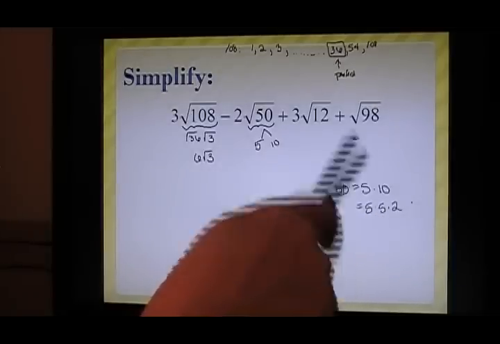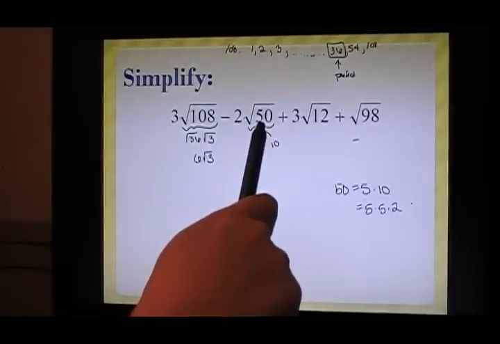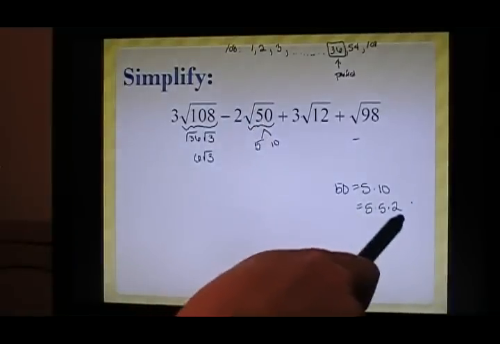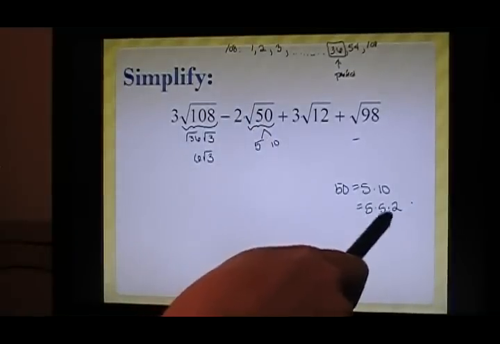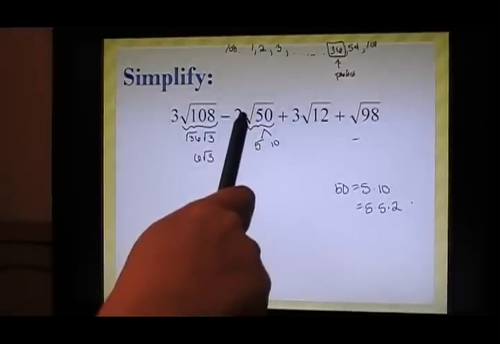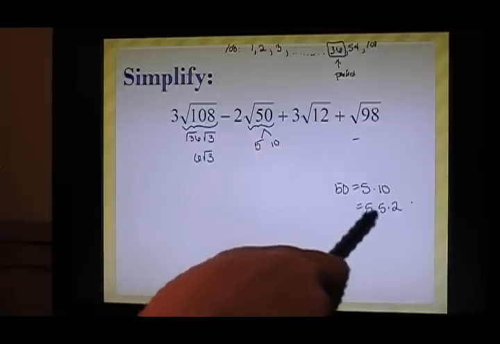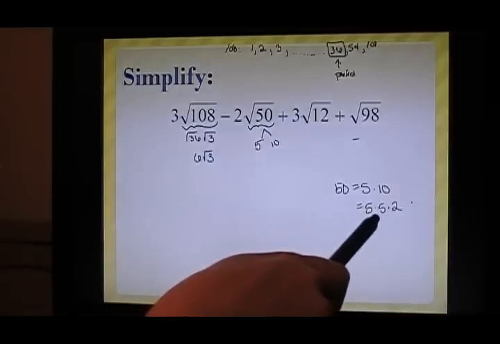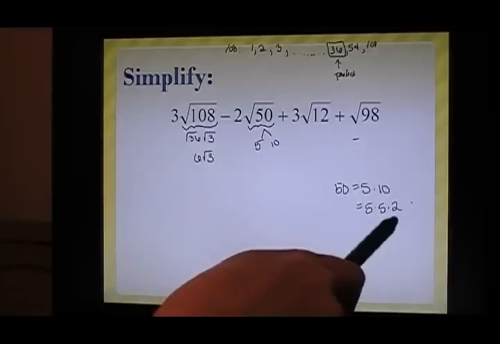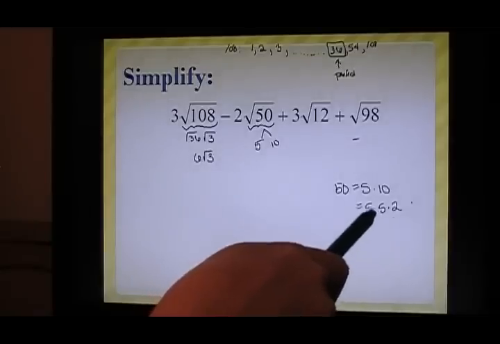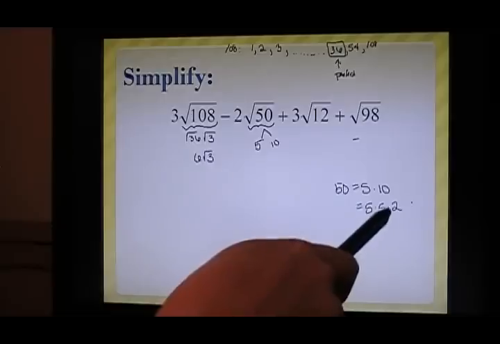Okay? So when I'm asking you to simplify, if in your list of factors you have at least 2 factors that are the same, it will simplify, because obviously multiplying the same number twice will give you a perfect square.